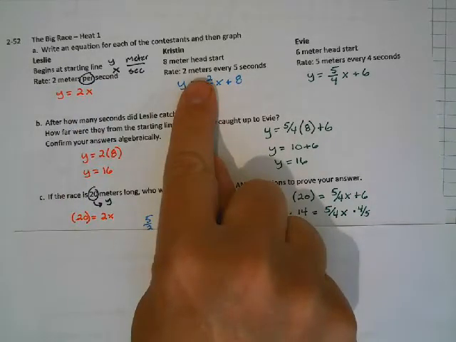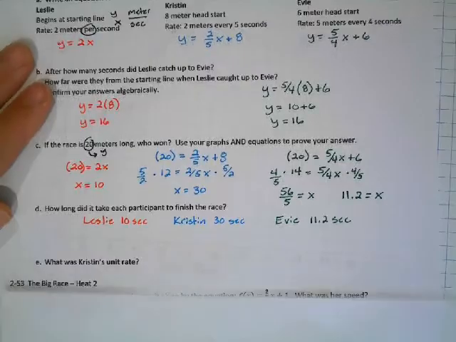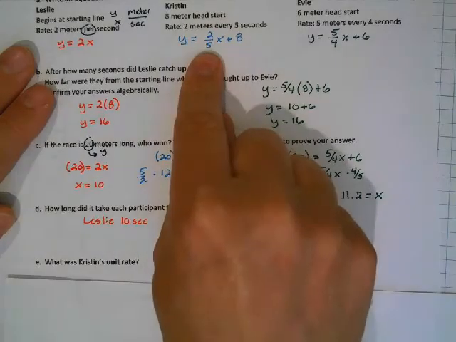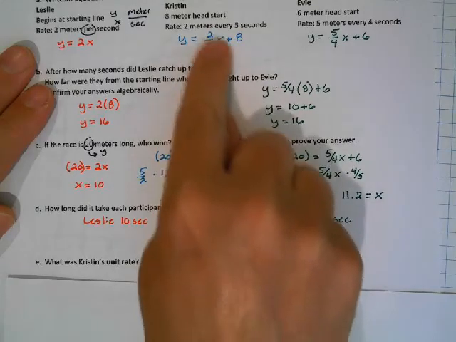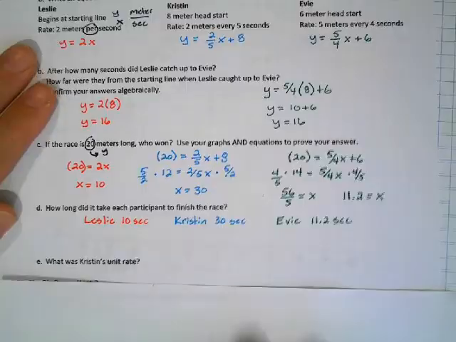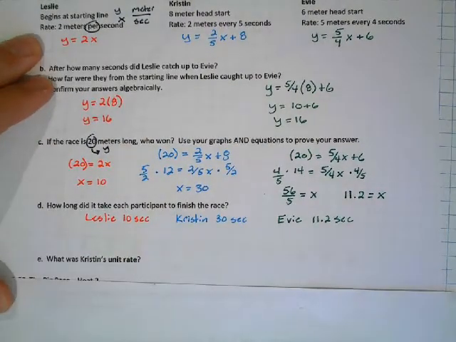Over here, this is 2 meters every 5 seconds. That is not a unit rate, okay, because we want how many meters per 1 second. So this is asking what is Kristin's unit rate? Well, we can kind of see here that we've got it 2/5 times x. So her unit rate would be 2/5 per second.